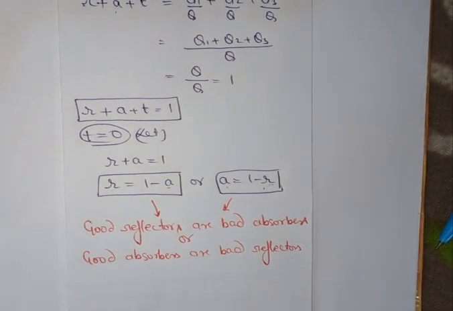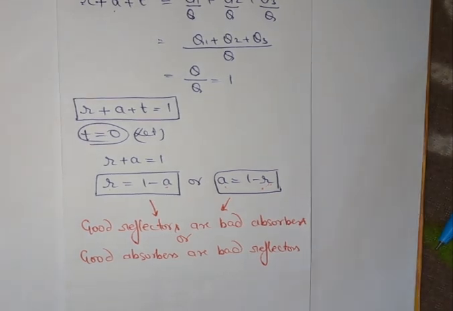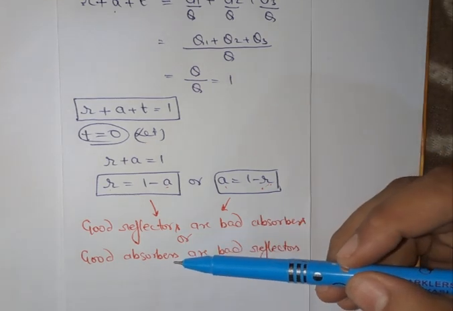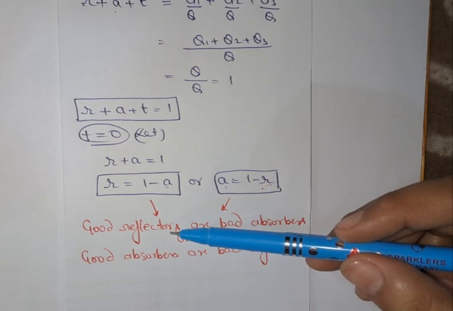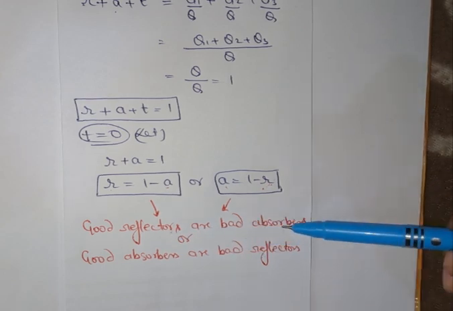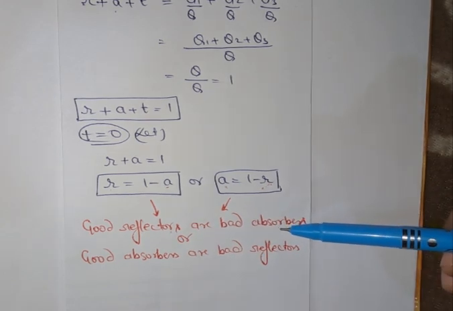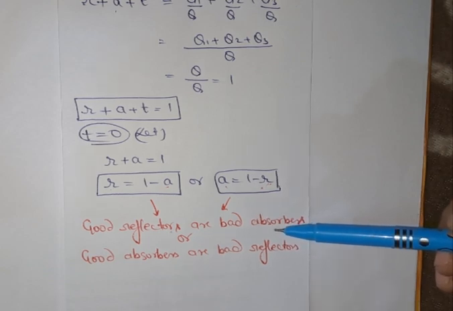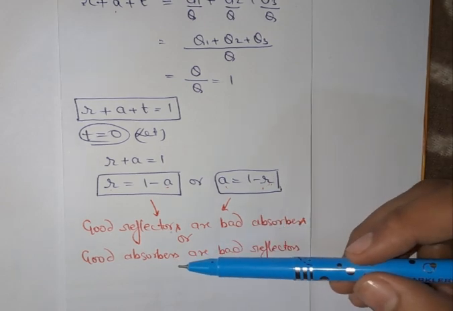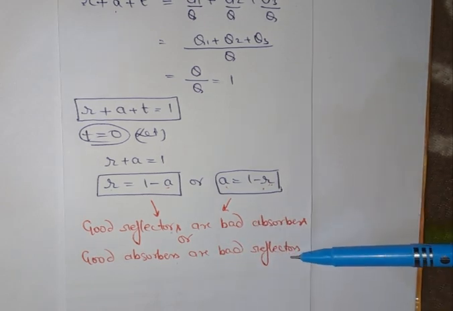You can take the example of a white colored surface. It reflects most of the energy, so it is a good reflector, but it does not absorb so much heat energy. And if we take a black surface, it absorbs most of the energy, but it does not reflect most of the thermal energy.